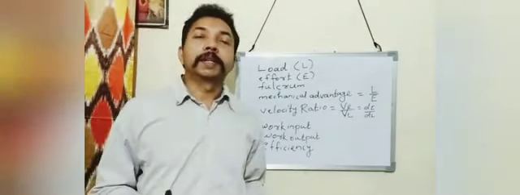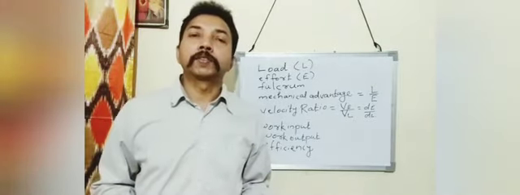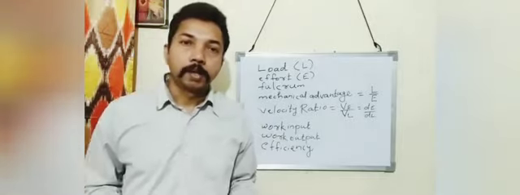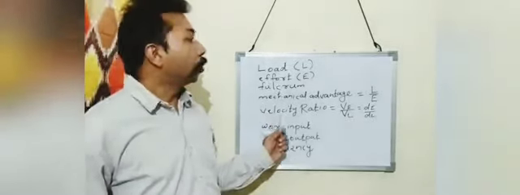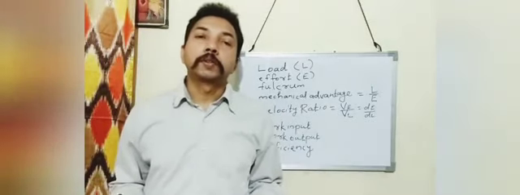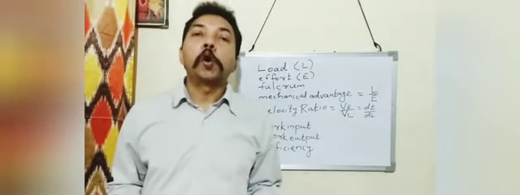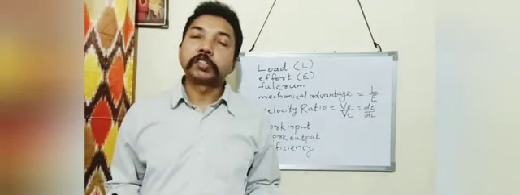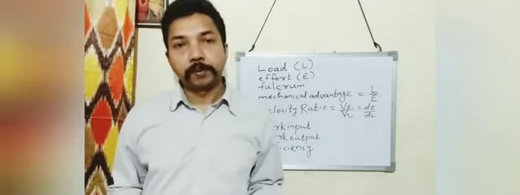Now we see some of the terms related with a machine. So the first term is load. The resistive force which is to be overcome by a machine is called load.